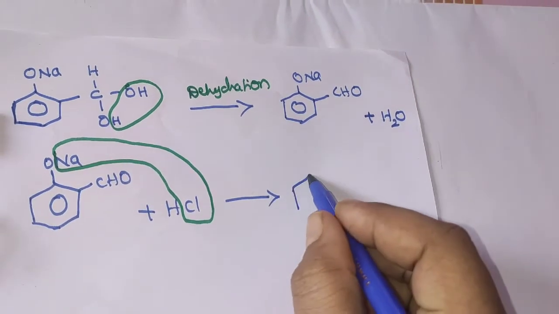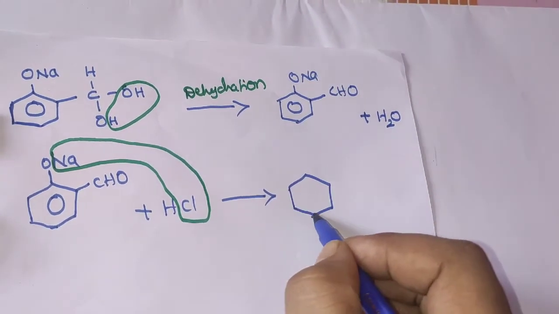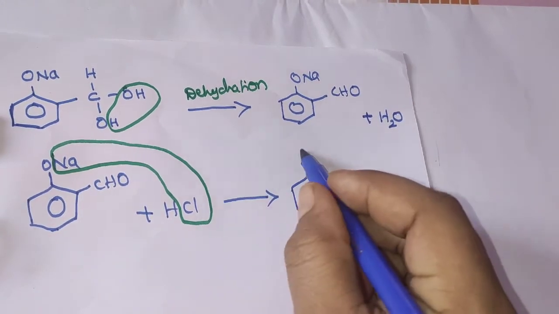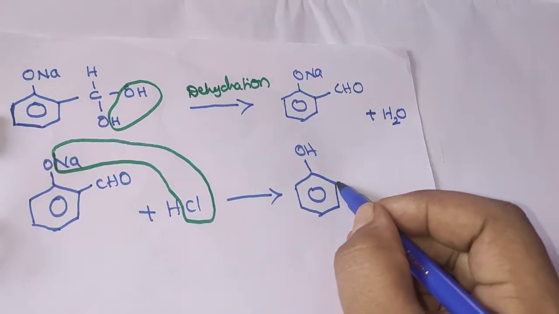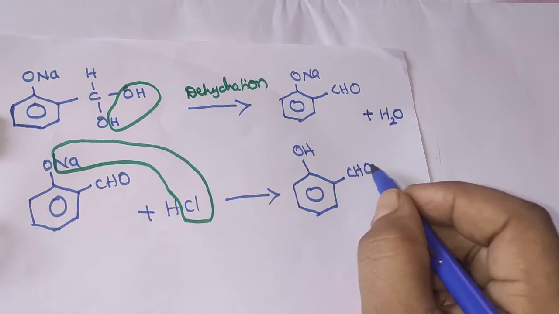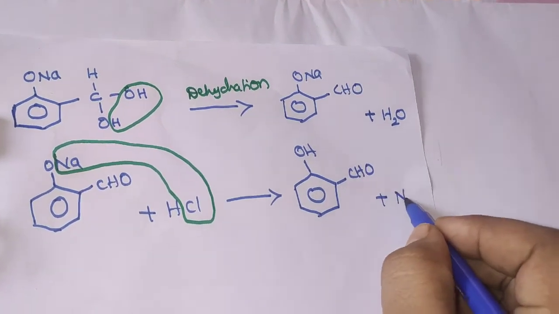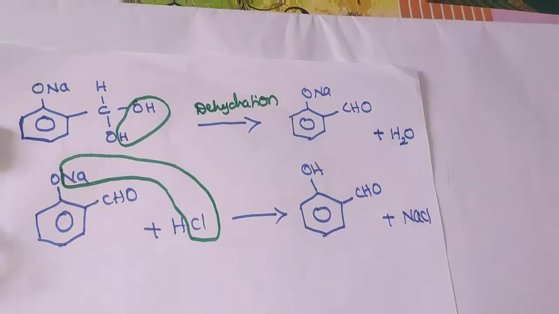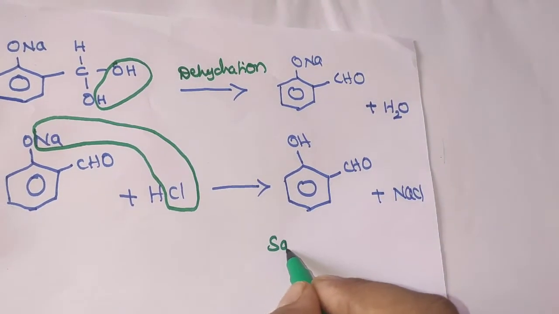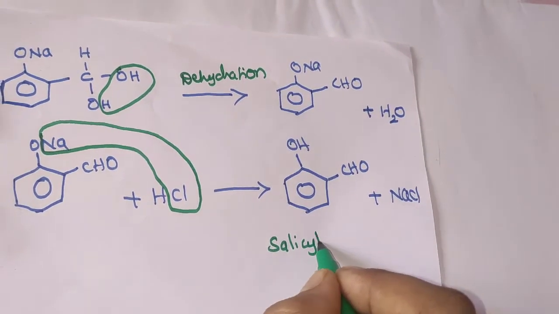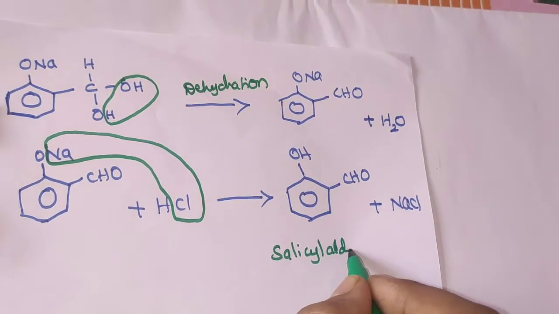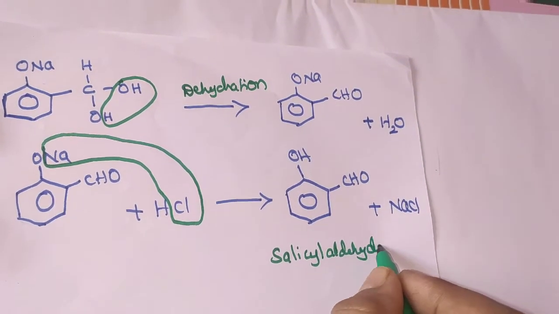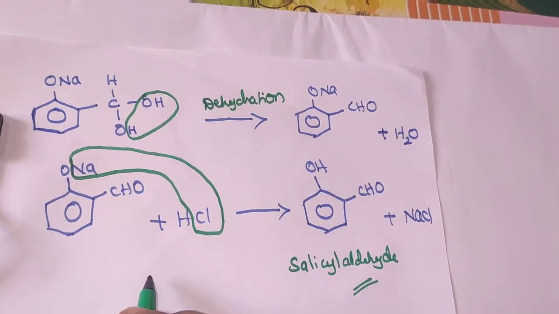So there will be formation of OH, and here CHO, and NaCl. This product is known as salicylaldehyde. So this is known as the final product.